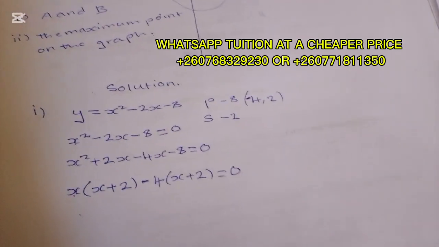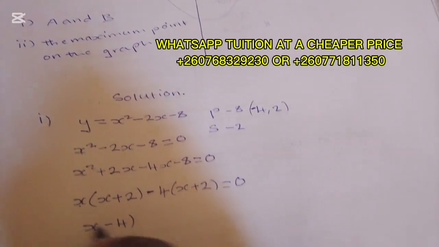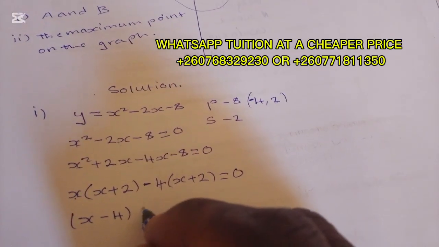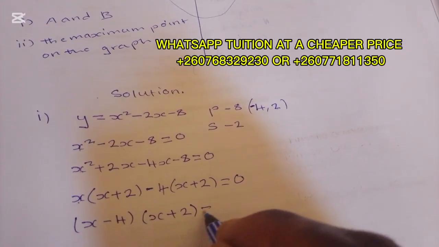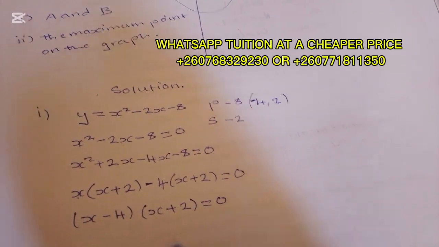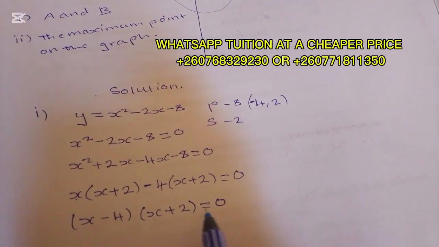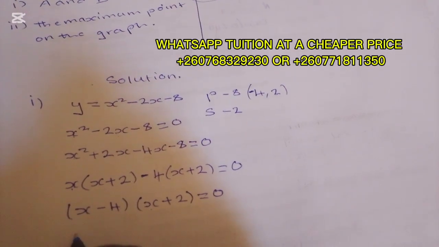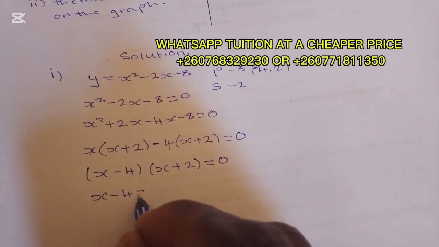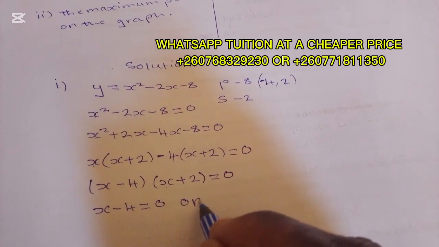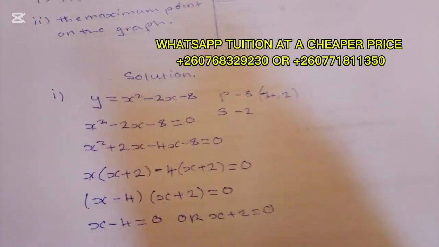It will be x minus 4 close, x plus 2 close, is equal to 0. Then we say x minus 4 is equal to 0, or x plus 2 is equal to 0.